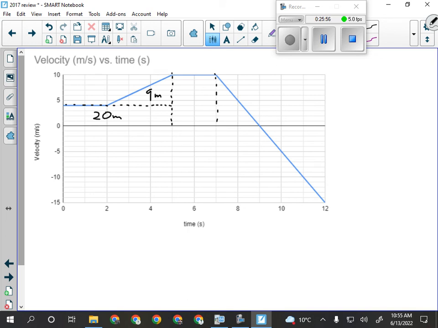And then I've got this last bit that runs from 5 to 7 seconds and is 10 tall, so that should be another 20 meter box. Did I read that okay? Good math. So we got a total of positive 49 meters. Is the positive important if I ask for displacement? It's essential. Everyone okay with that one?